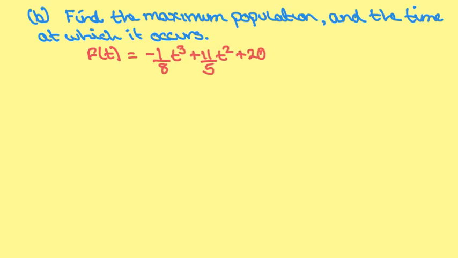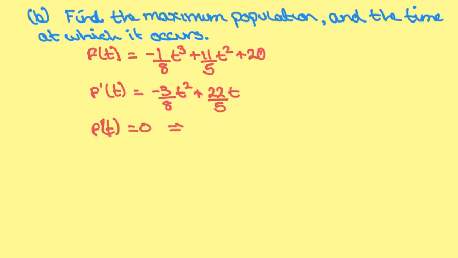To find the maximum, we need to find f dash of t, which is equal to minus 3/8 t squared plus 22/5 t. We put f dash of t equal to 0, therefore minus 3/8 t squared plus 22 over 5 t is equal to 0.